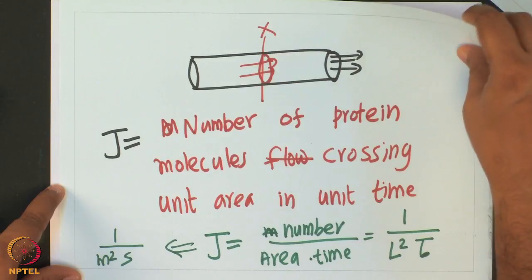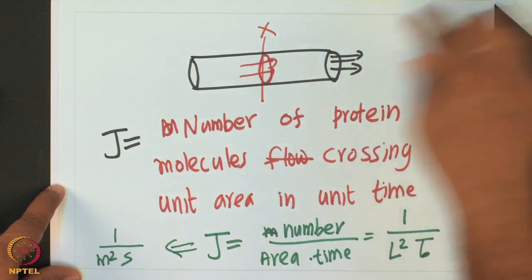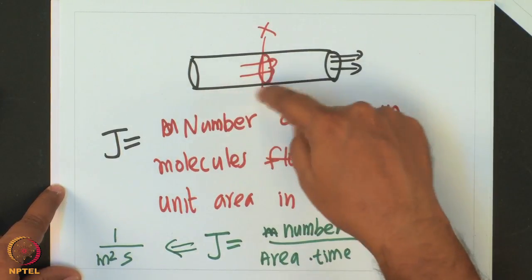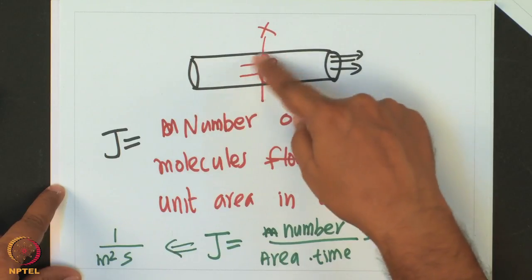Now if I just think of a cell, the typical dimension of this cell will be in micrometers.